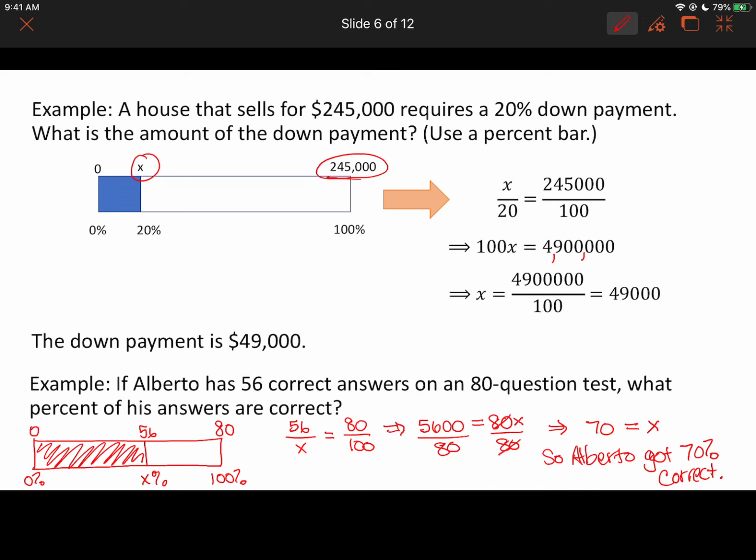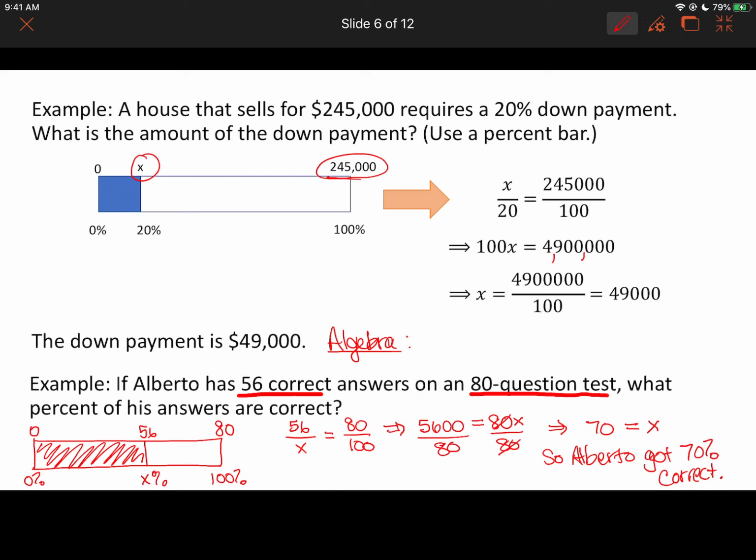Now you could have set this up using algebra. I'm going to try to squeeze that in here on my slide. So what happened here? Alberto got 56 correct on an 80-question test, and I want to know what percent of his answers were correct.